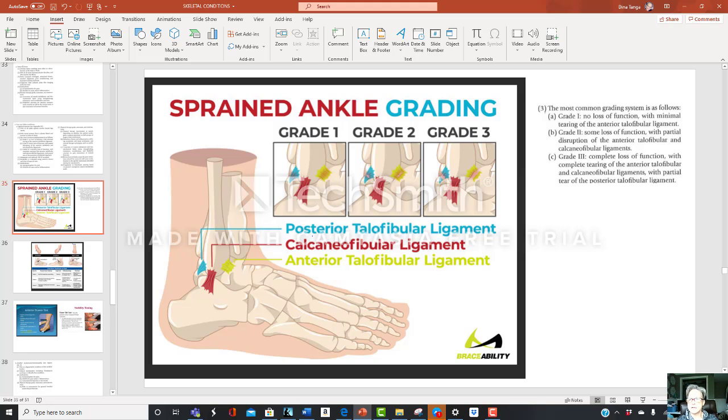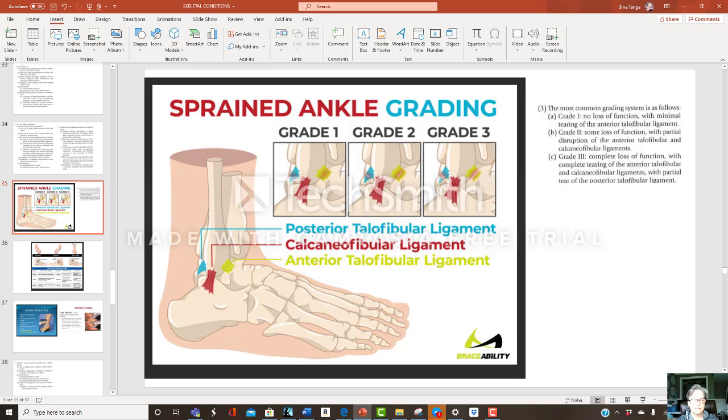So grade 1 is no loss of function with minimal tearing of the anterior talofibular ligament. So that's going to be the ligament in yellow. Grade 2 is some loss of function with partial disruption of the anterior talofibular and calcaneofibular ligaments.